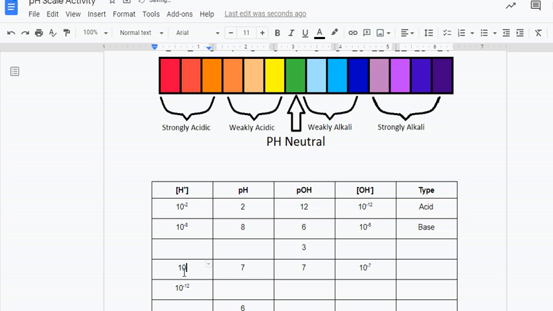This becomes 10 to the minus 7. And over here, well, I know 7 is this location right here, so I know that that is a neutral solution. So that's how we handle the pH scale and the calculation of pH, pOH, and determining whether we have something acidic, basic, or neutral.